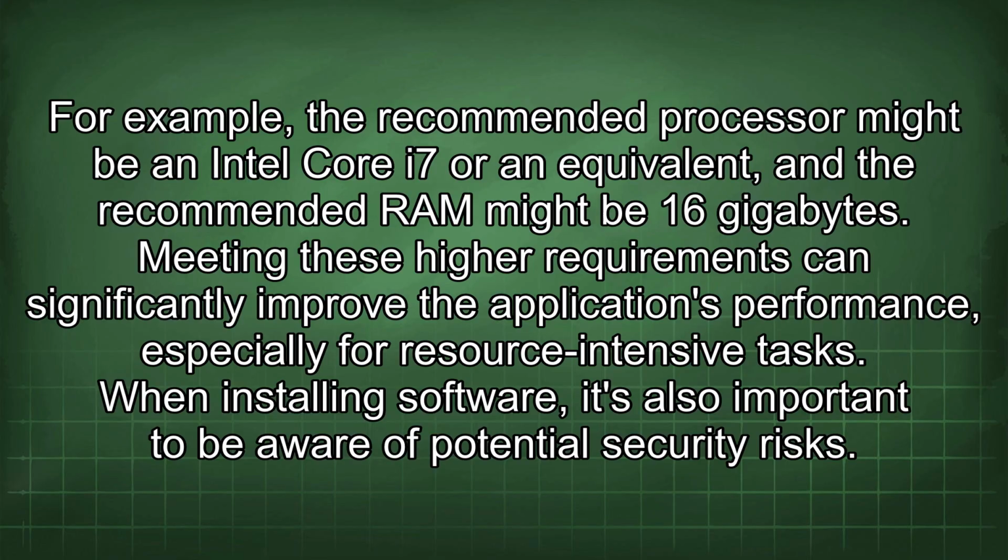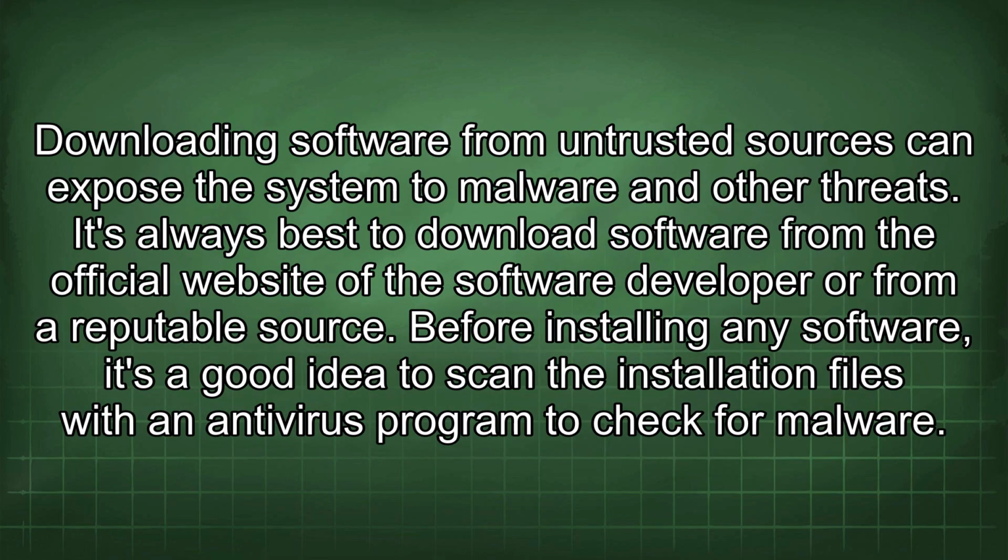When installing software, it's also important to be aware of potential security risks. Downloading software from untrusted sources can expose the system to malware and other threats. It's always best to download software from the official website of the software developer or from a reputable source.